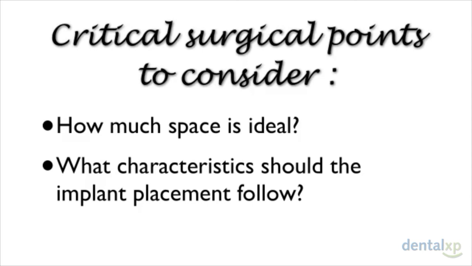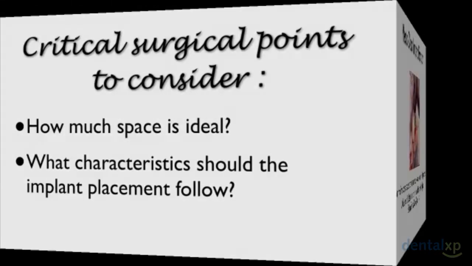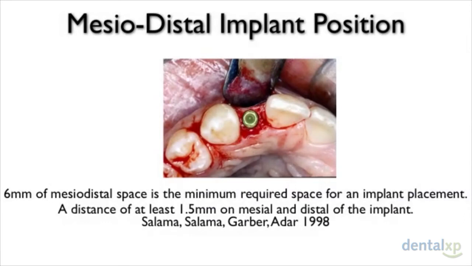We have discussed previously today how to determine the ideal space for a missing lateral incisor based on the characteristics of the occlusion and the aesthetics of the case. Now, from the implant point of view, the minimum ideal space will be 6 millimeters. Why 6?